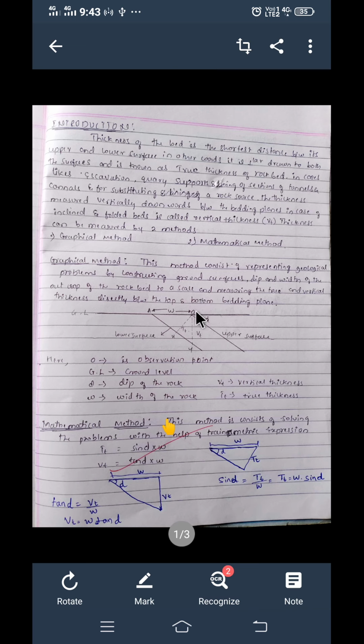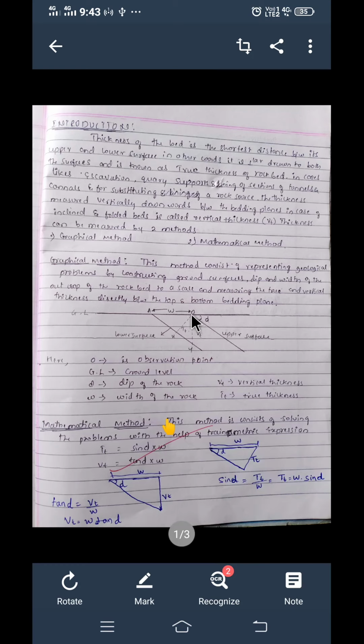In the graphical method, this is your ground level. This is the rock bed, which is dipped at a certain angle to the ground level, and this is the width of the rock bed.